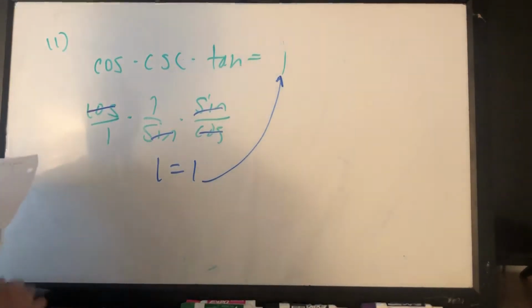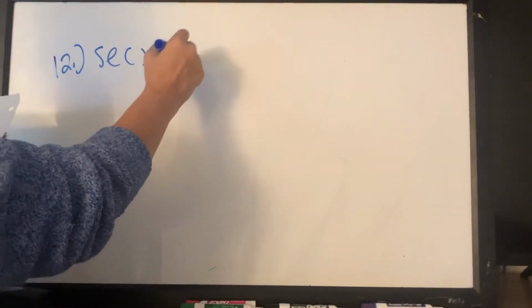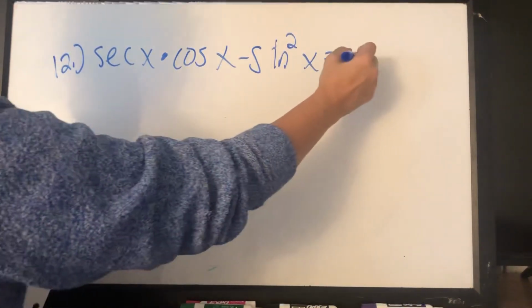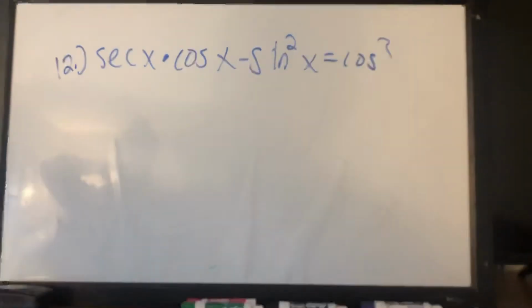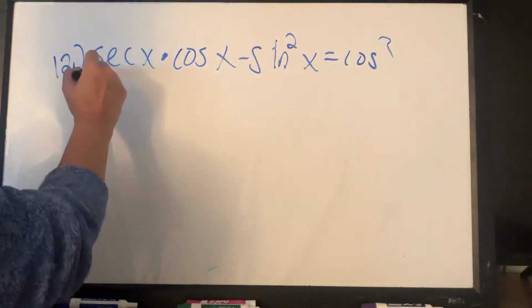Let's look at number 12. Hopefully, guys, we're getting better. Number 12. Secant x times cosine x minus sine squared x equals cosine squared x. So this is multiplication right here.